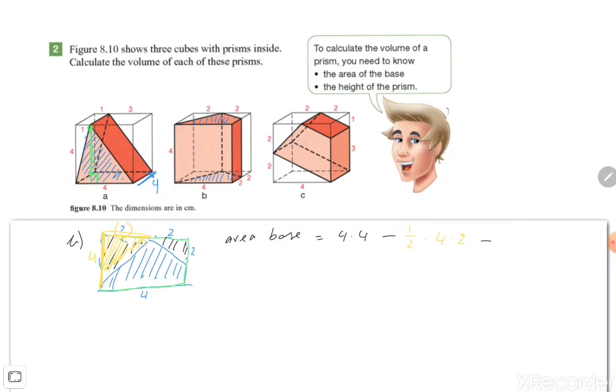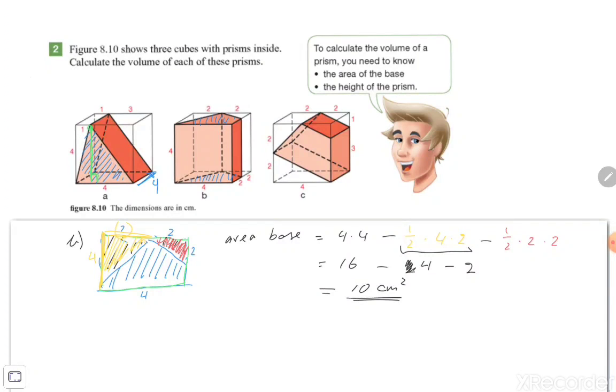The other triangle, the red part, is minus a half times 2 times 2. So 4 times 4 is 16, minus a half times 4 times 2 is 4, and a half times 2 times 2 is 2. 16 minus 4 minus 2 is 10 square centimeters.